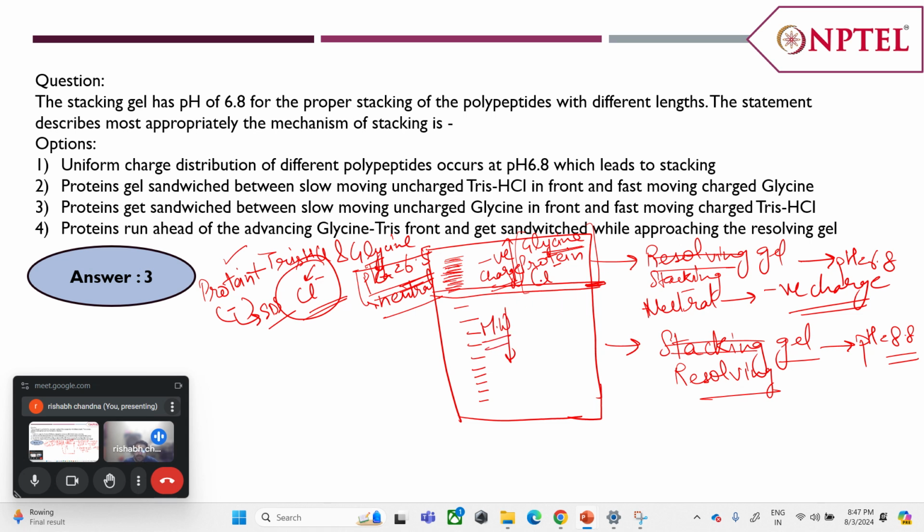So now chloride ion will be moving first because it has the smallest molecular weight. Then comes the glycine residue, then comes our protein. Okay, so this is the mechanism of how the glycine, chloride, and protein will move in the stacking as well as in the resolving.